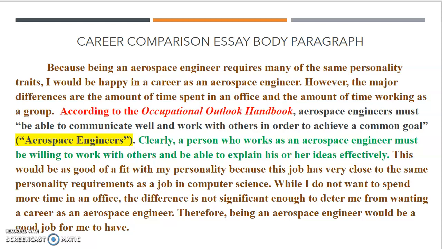So this paragraph starts with a transition by mentioning the career that was discussed in the paragraph before, and also touching on what is coming up in this paragraph, the new topic. So we have a good transition, and then the red part is the introduction of the source.